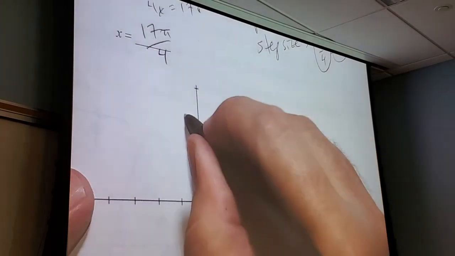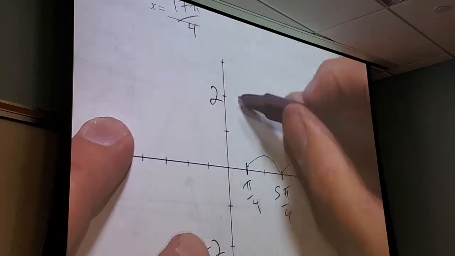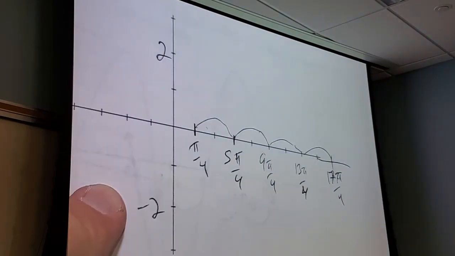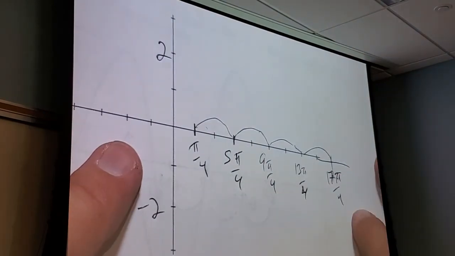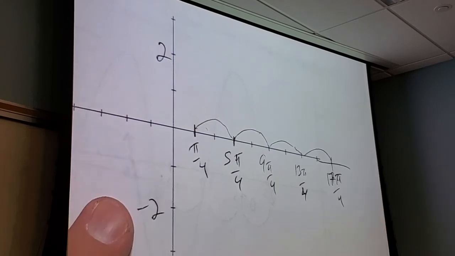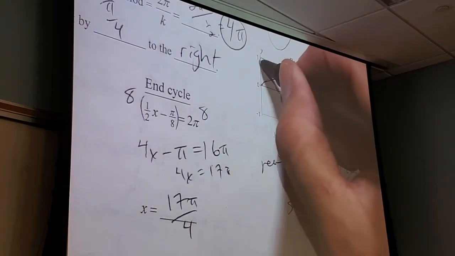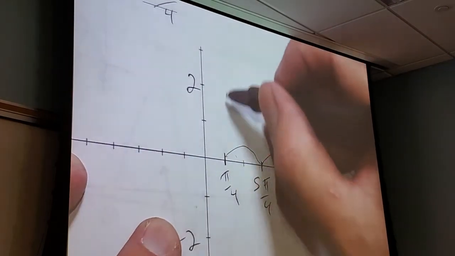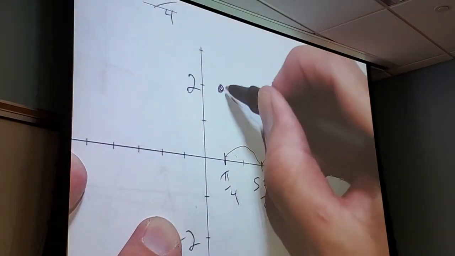2. So you go from -2 to 2. And what does cosine start at? It starts at 1, right? So where I start, I'm going to start at 2.